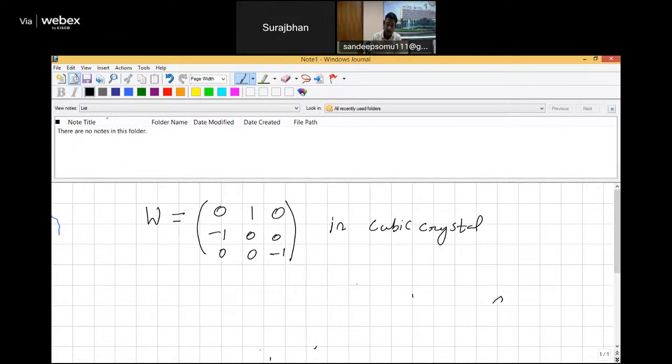So to analyze the symmetry matrix, the first step is to take the determinant, and from the determinant, if it is positive or negative, we can tell whether it is a type 1 operation or a type 2 operation. So first we will determine the determinant of this symmetry matrix.